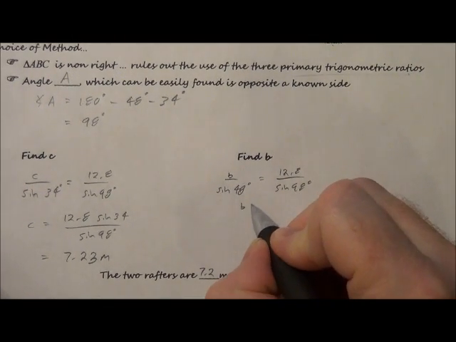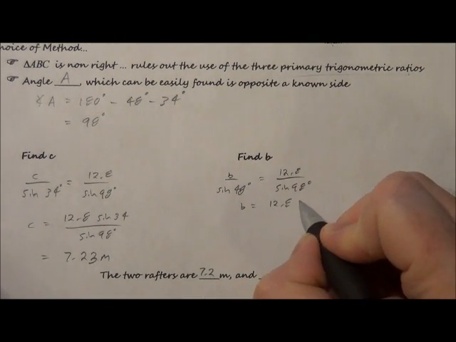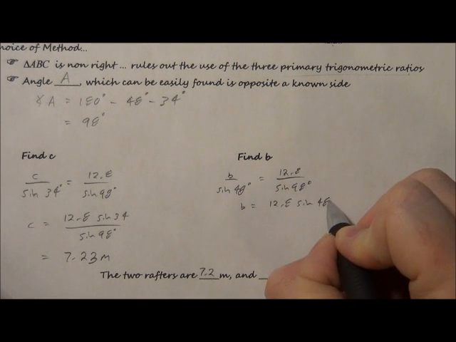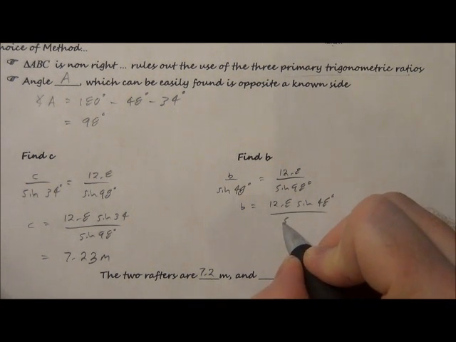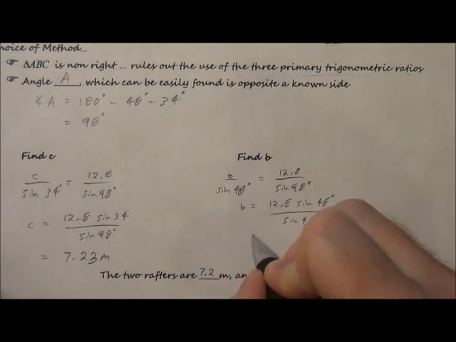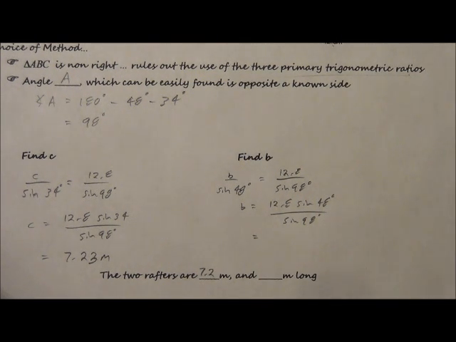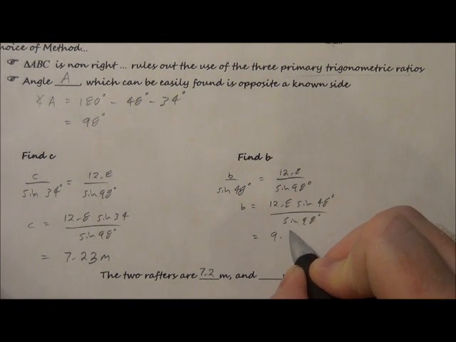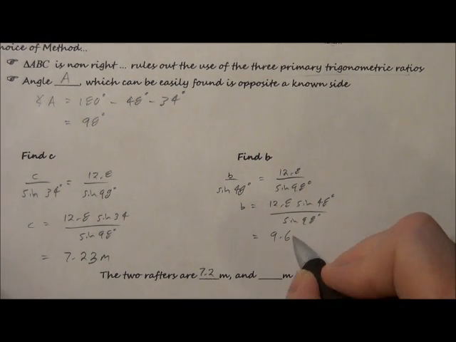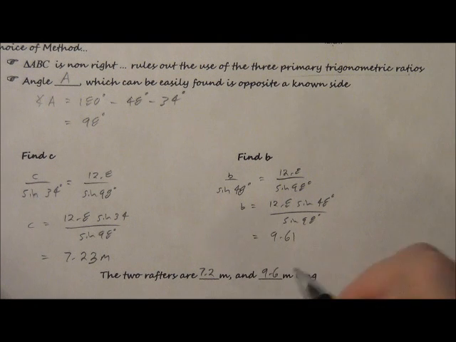Cross multiply, so we get B equals 12.8 sine of 48 over the sine of 98, and as I do the calculation, we get 9.61, which I just round to 9.6 meters.